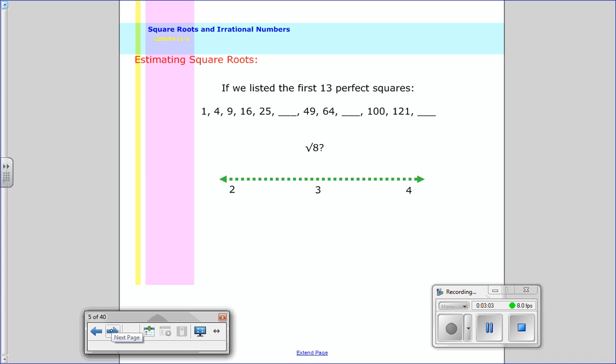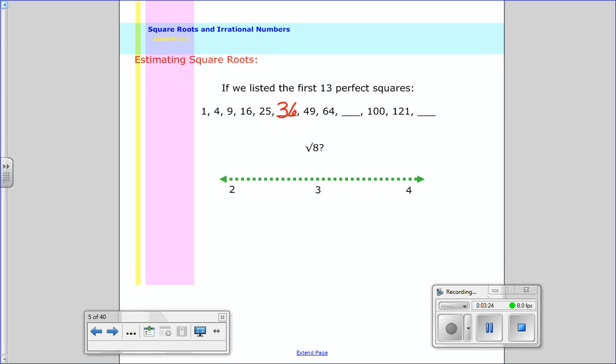We can also estimate square roots because sometimes they don't give us nice whole numbers to use. So we could list the first 12 perfect squares here. 1 squared is 1, 2 squared is 4, 3 squared is 9, 4 squared is 16, 5 squared is 25, 6 squared is 36, 49, 64.